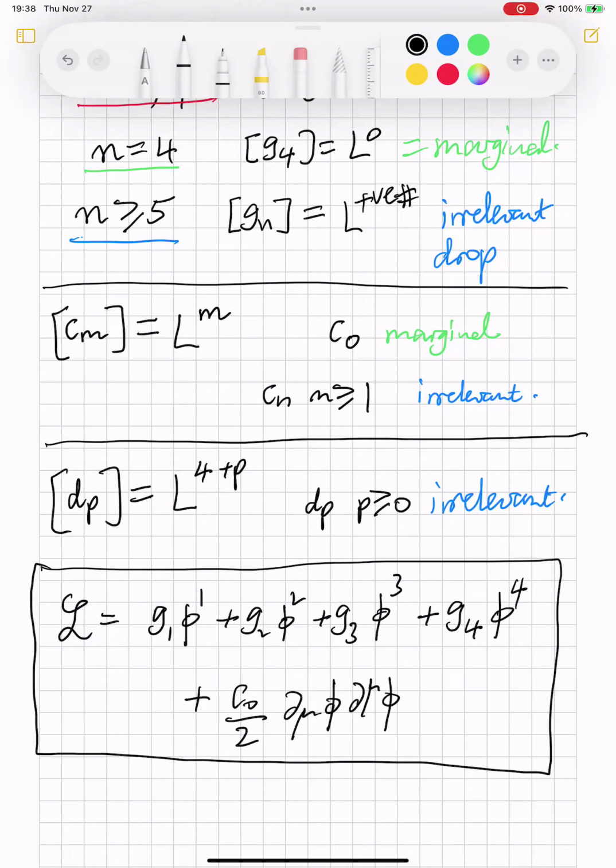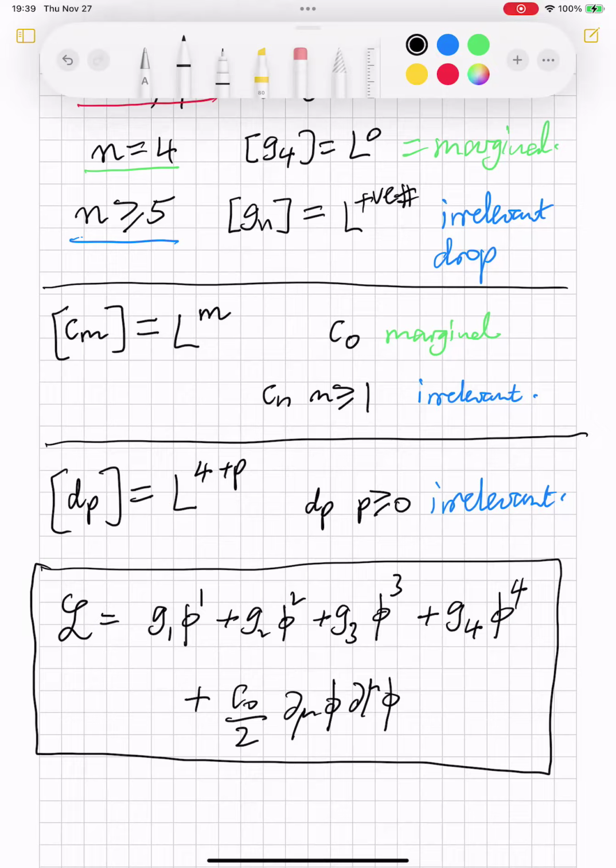Now, the way that I've written it, of course, the G's should naturally be negative because they would be part of the potential, but there would be some coefficient. I'm being completely agnostic about whether G is positive or negative. All that I care about is how large are these couplings and how do they grow or decrease as we go to low energies.